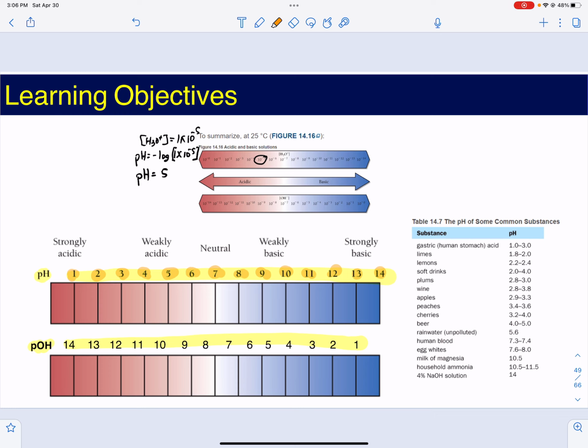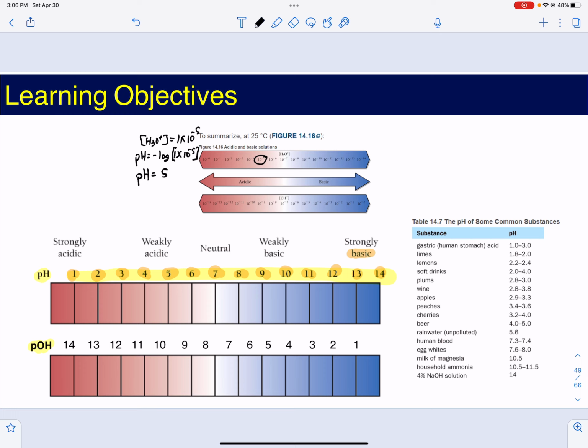So the bigger the number on the pH scale, the more basic it's going to be. The smaller the number on the pOH scale, the more basic it's going to be. So we're always looking for the smallest number.